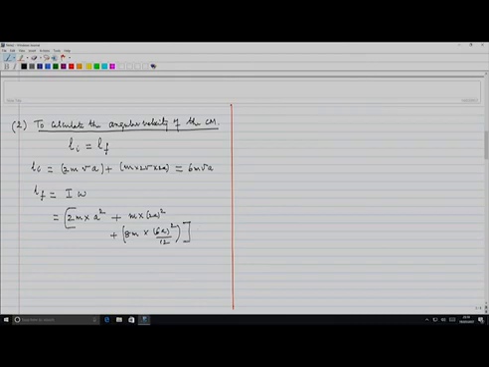The whole thing times omega. So this will give you 30 m a squared omega.